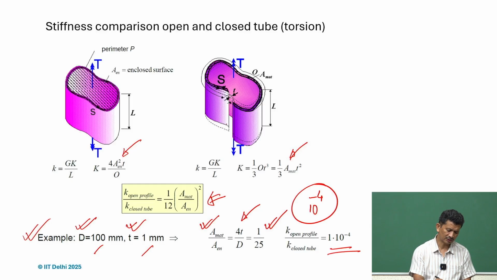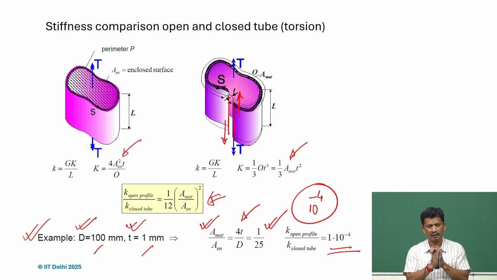What we have to understand is that if it's an open section, along the slit, wherever is the opening along the length, they don't remain in the same place, but there is a relative movement. So if we don't allow that, probably we can achieve the same stiffness as the closed tube.